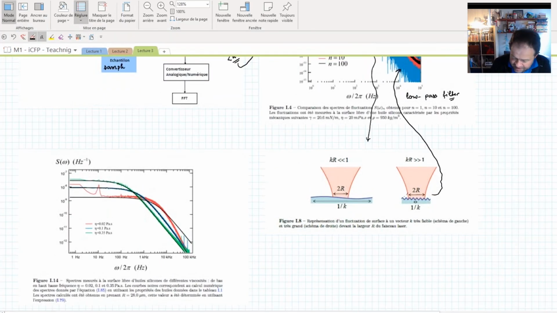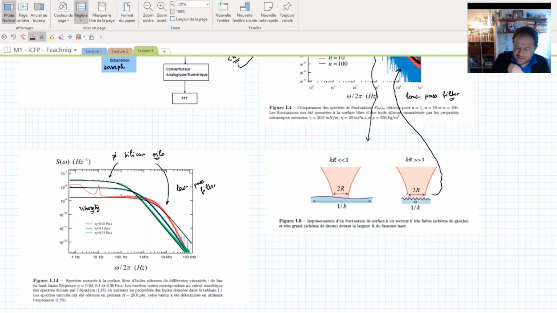And what is nice with this setup is that he was able to do it with different silicon oils, and he was able to measure the spectrum. So again, at high frequency, you see this low pass filter effect. But at low frequency, he was able to measure the effect of the viscosity, because he was able to measure the damping of these thermal capillary waves.